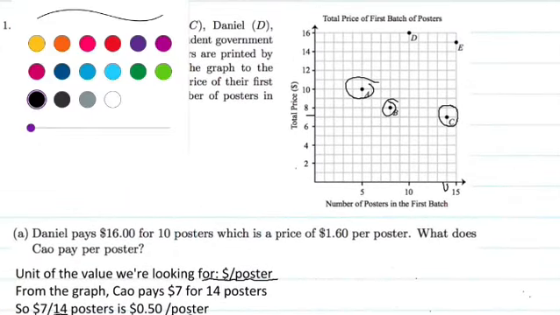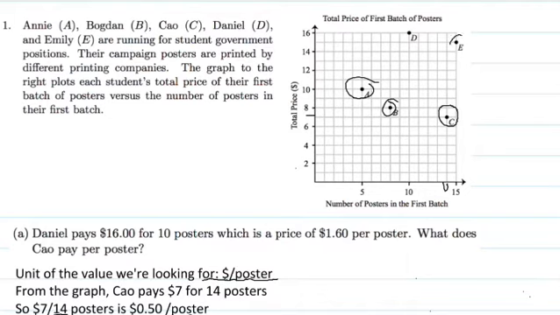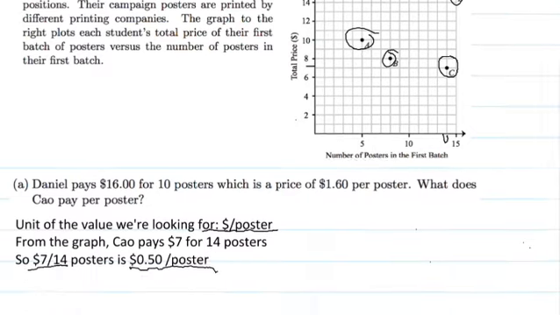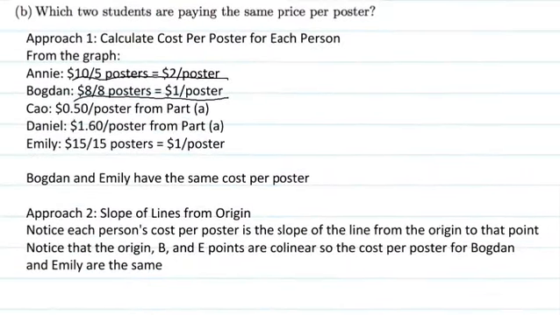Emily's coordinate is right here, which means that Emily pays $15 for 15 posters. That comes out to $1 per poster. Now, examining each person's cost per poster, we see that Bogdan and Emily have the same cost per poster of $1 per poster.